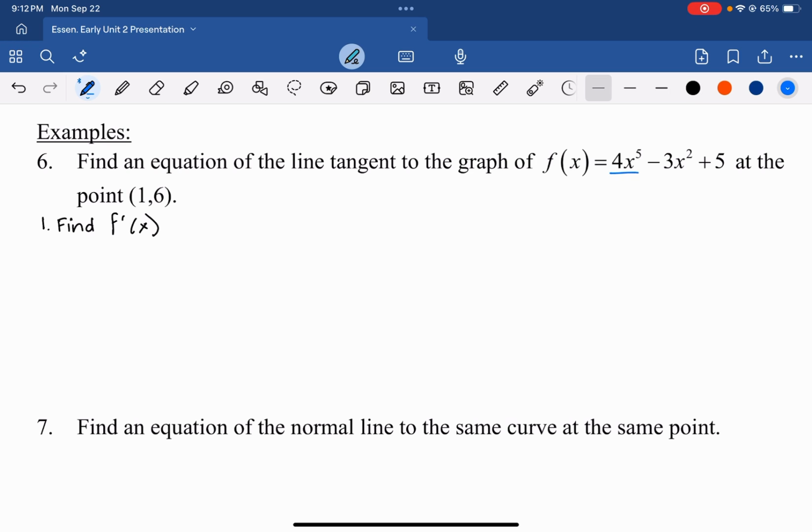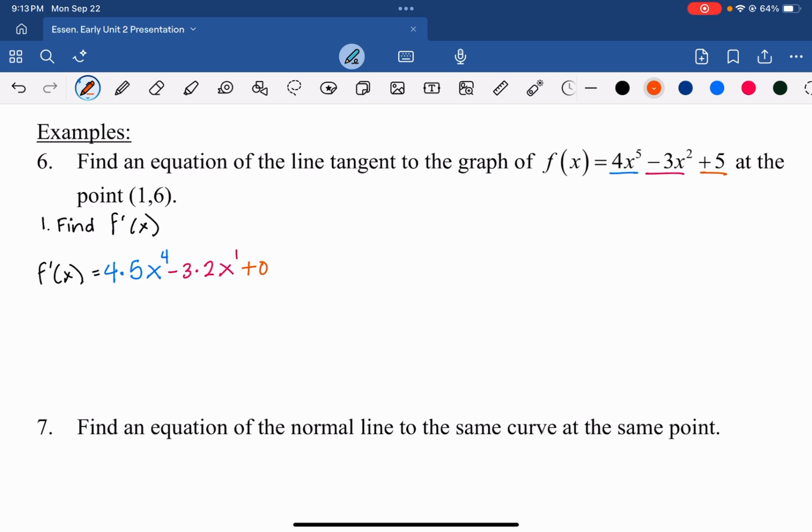So f prime of x. I've got my 4x to the 5th: 4 times 5 times x to the 4th, since I subtract 1 from the power. Next, my negative 3x squared: minus 3 times 2 because I dropped that power, x to the 2 minus 1, so x to the 1. Last, the plus 5 is a constant, so plus 0.